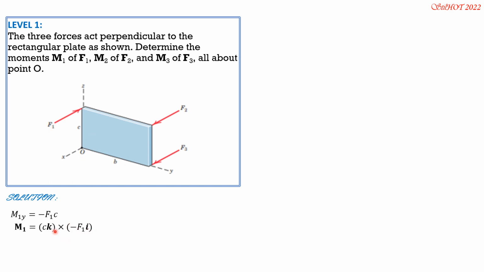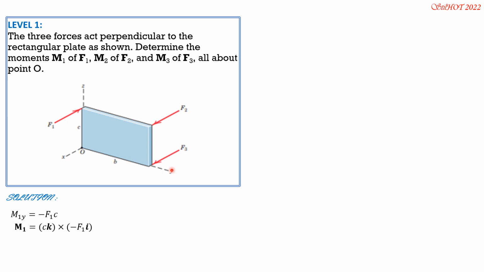And since k cross i: your forefingers would be towards the z-axis, curl it towards the x-axis.